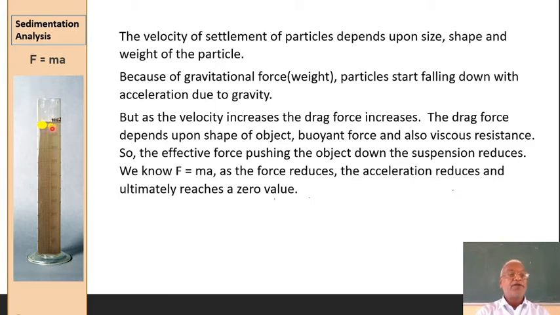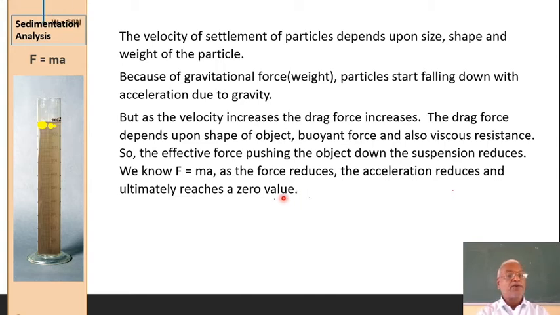Now the effective force pushing the particle downwards will be 50 minus 20. Now we know that F equals ma. As the resultant force reduces, the acceleration also reduces, and ultimately it may reach a zero value.